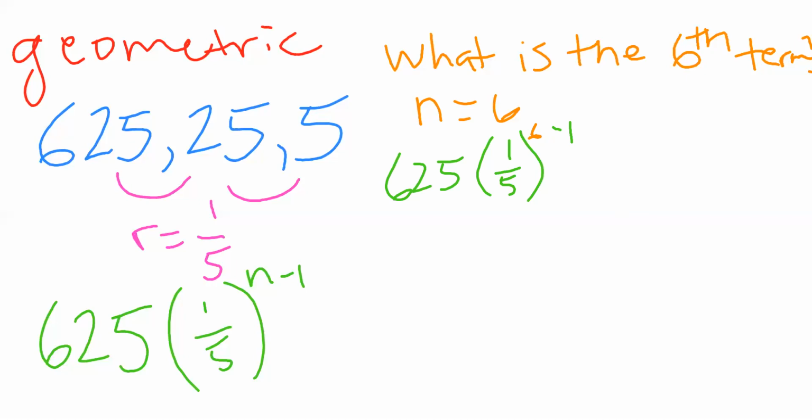And what I'm getting here, now they give it to me as a decimal, but this is just going to be, wait, 0.2, which is 1/5. Is that right?